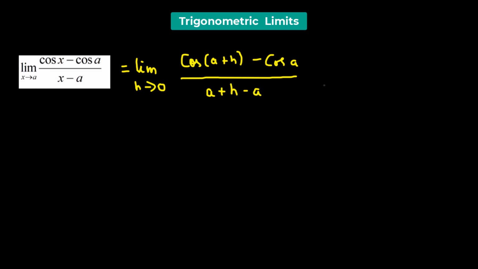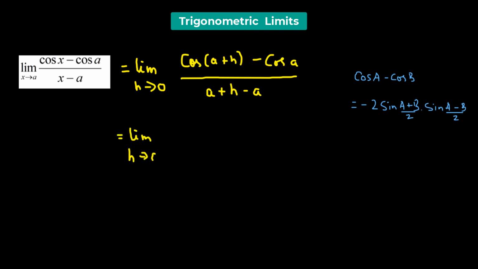Now we're going to use the identity, cosine of a minus cosine of b is simply equal to negative 2 times sine of a plus b over 2 times sine of a minus b over 2.